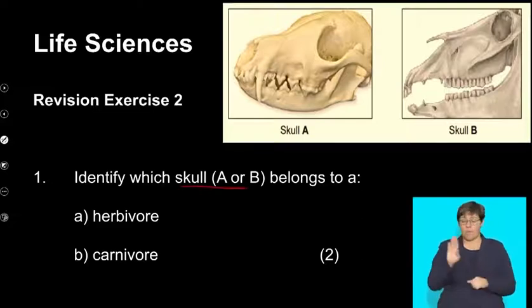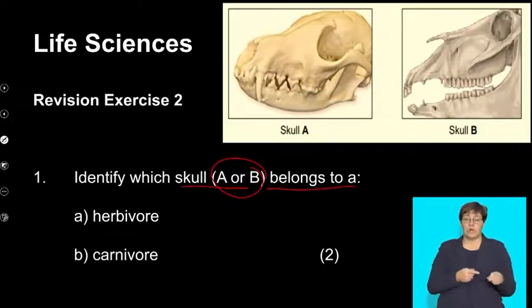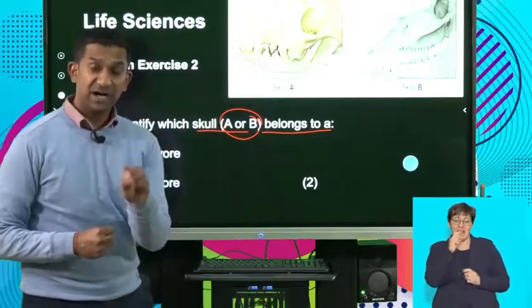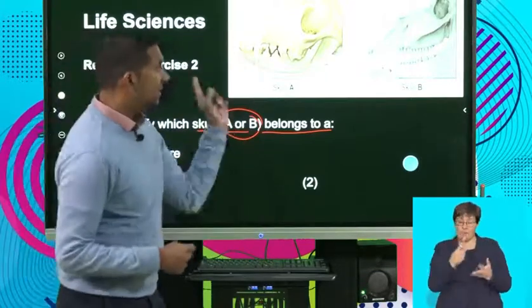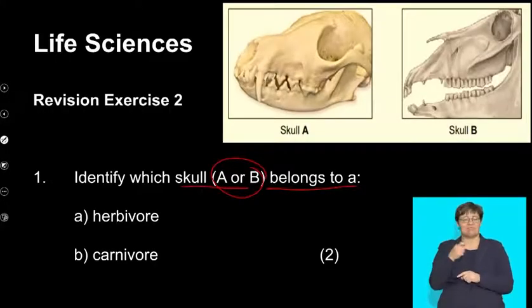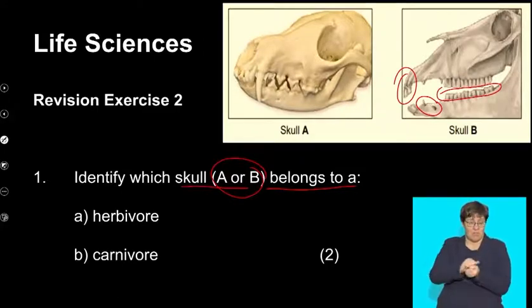Identify which skull A or B belongs to a herbivore. As I mentioned, herbivores are individuals that will lack canines. They have large incisors. When we compare the jaw structure of both, we can see that these individuals lack canines, but they've got well developed incisors as well as flattened molars and premolars.